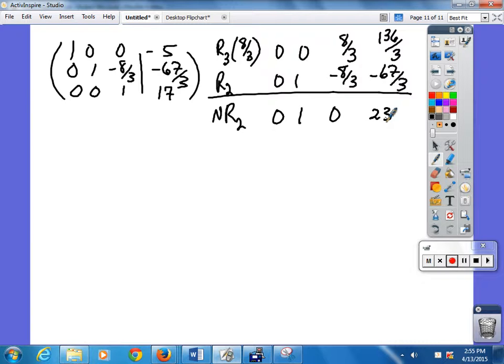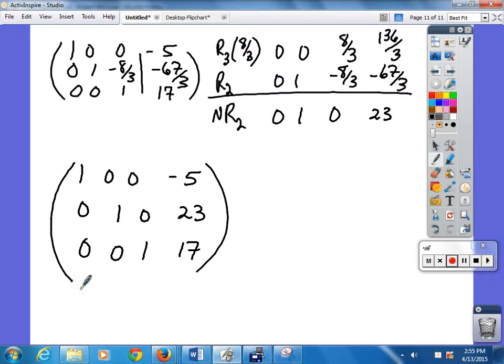So our final answer is 1, 0, 0, -5, 0, 1, 0, 23, and 0, 0, 1, 17. Therefore, these 3 lines intersect at -5, 23, and 17.